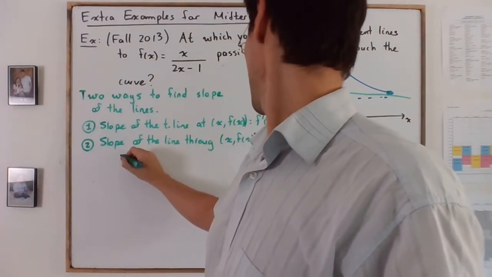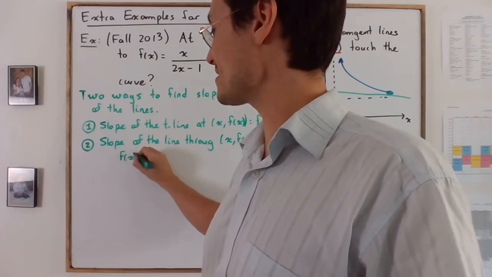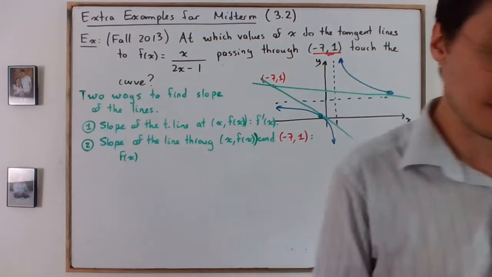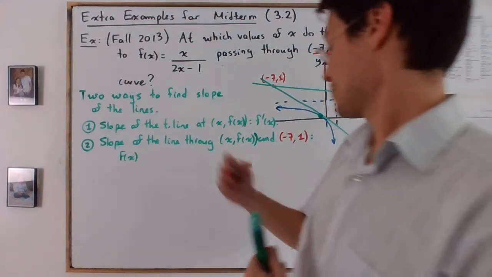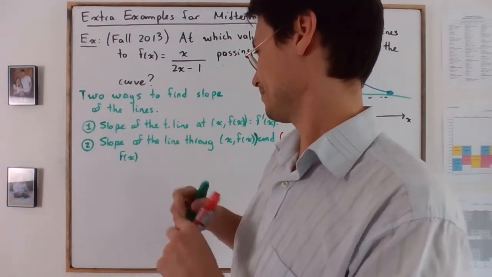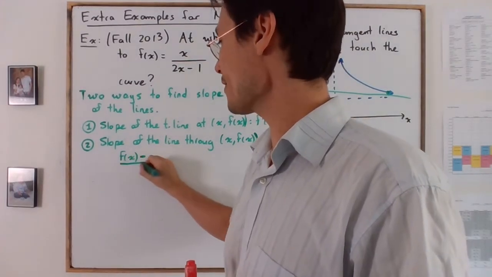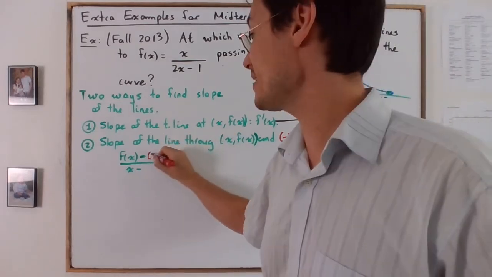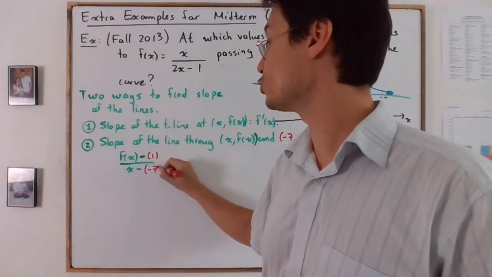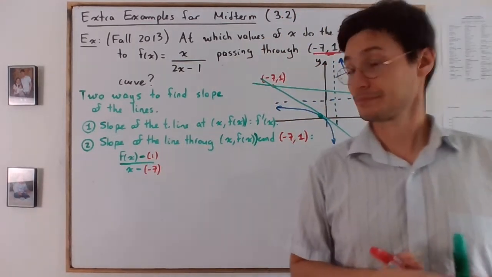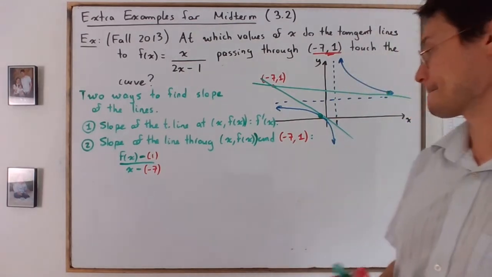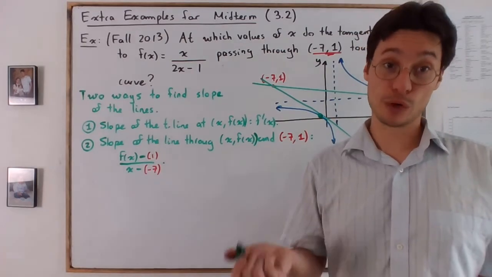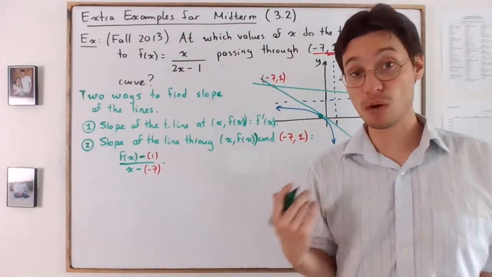I will take f of x here to be the second point, just because it will turn out to be easier. So it's f of x minus 1 over x minus the negative 7. We're using what is called the two-point slope formula.